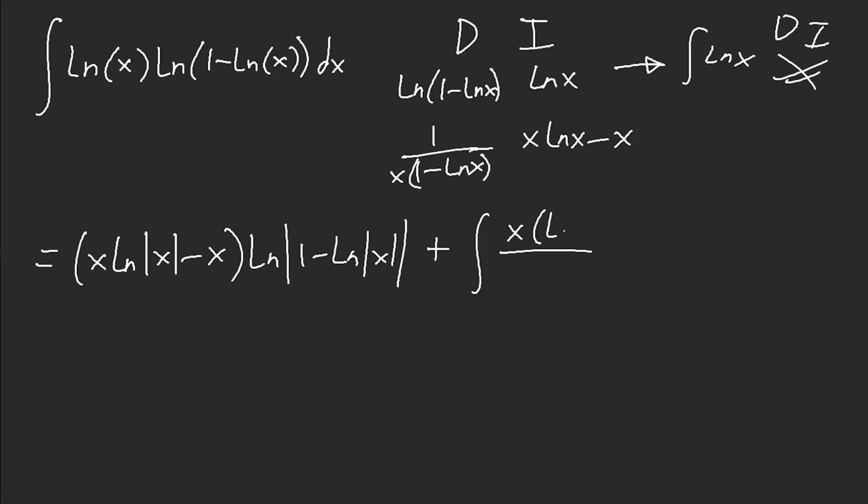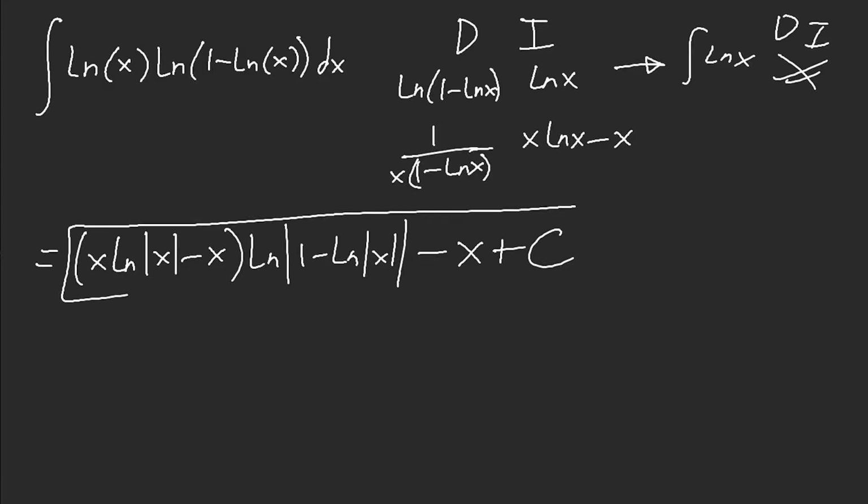This is x ln of x minus x, but what we have here is x times (1 minus ln of x). This cancels out, and this cancels out. We just get a negative 1. So if you were actually computing this integral, instead of rewriting the whole thing, you grab an eraser, erase this part, and put minus x plus c, rather than rewriting everything. And that is how you obliterate your opponent.